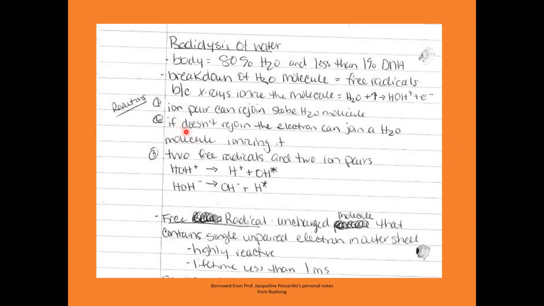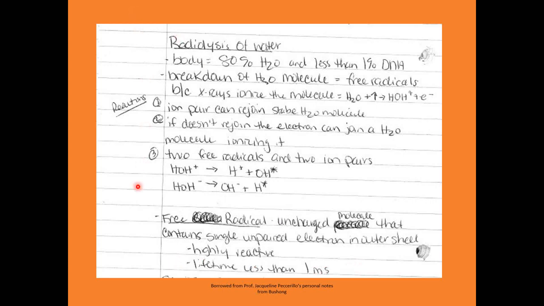Or what can happen is this unfortunate situation down here where you can get two free radicals and two ion pairs that form. And ultimately, you can get that hydrogen peroxide, or hydrogen peroxyl, and that's poisonous to the body. And then this is just a definition of a free radical, which is an uncharged molecule that contains single unpaired electrons in the outer shells. They are highly reactive, and their lifetime is usually less than 1 millisecond.